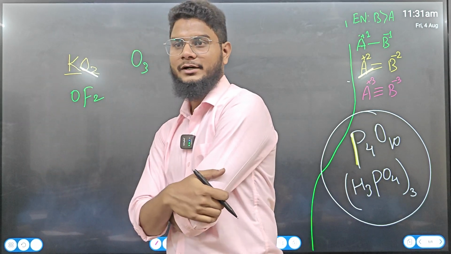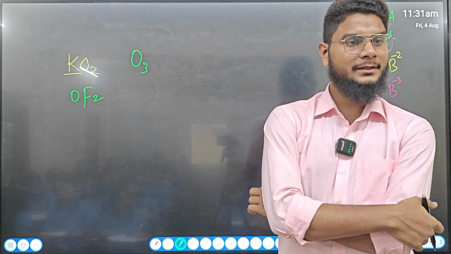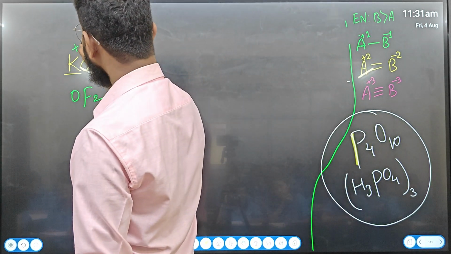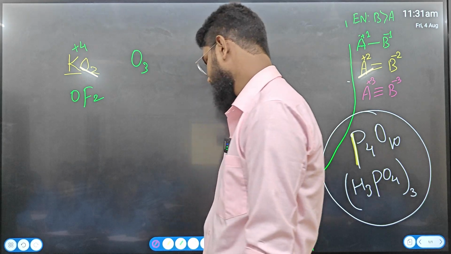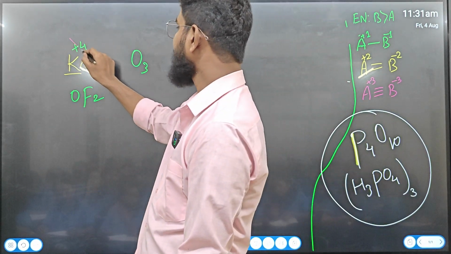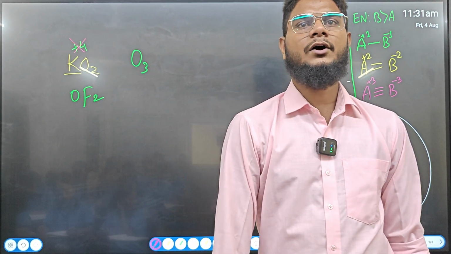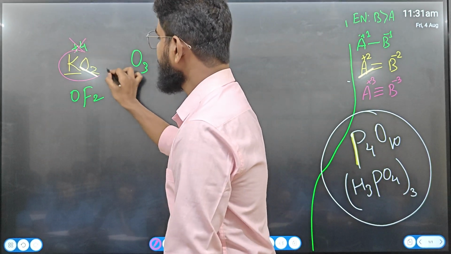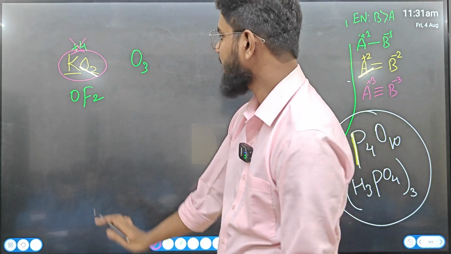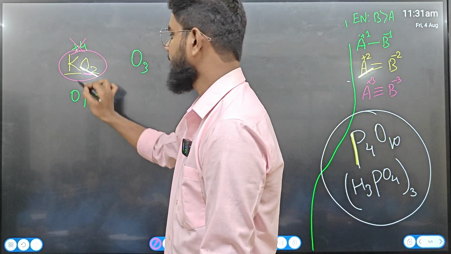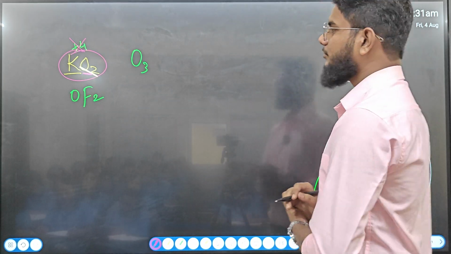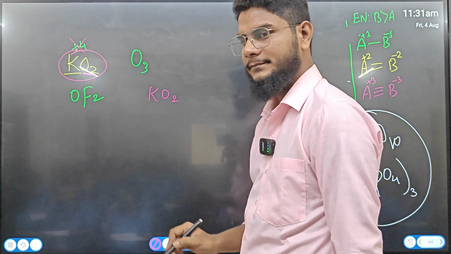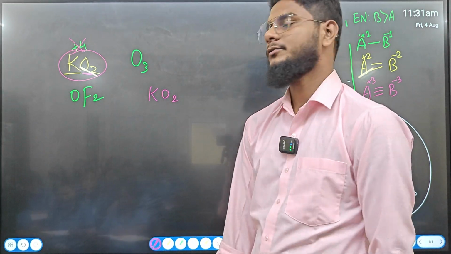What are you guys getting for K, plus 4? Is it possible for potassium to have +4? No, right? It's not possible because it has 1 valence electron. Now what can you do? Just find the oxidation state of oxygen. So you have KO2, right? I'm finding the oxidation state of oxygen.